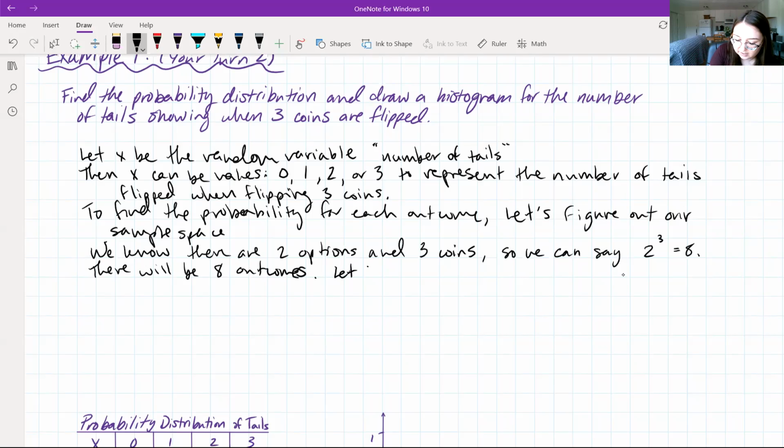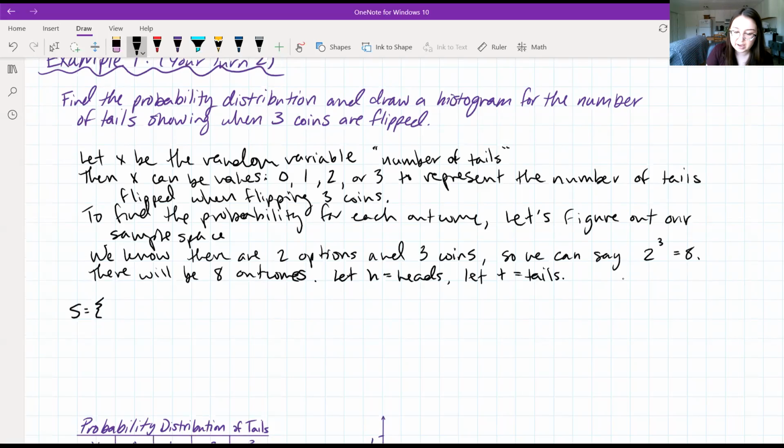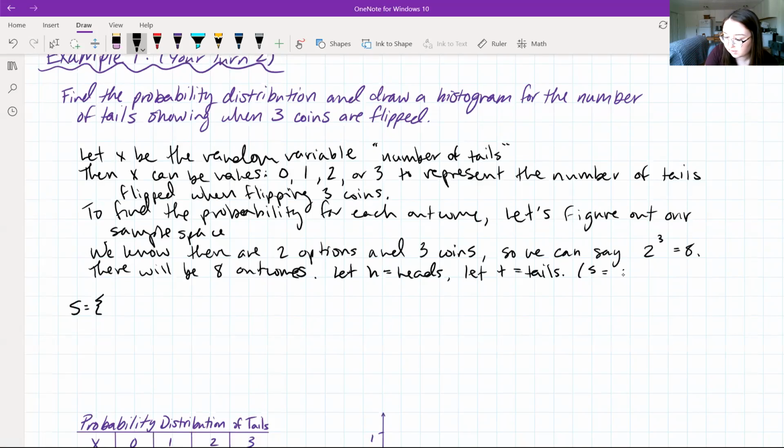We're going to let little h be heads, and we're going to let little t be tails. So if we want to find all of our different outcomes, we're going to set up our sample space here, which we'll just call S. Say S, sample space.